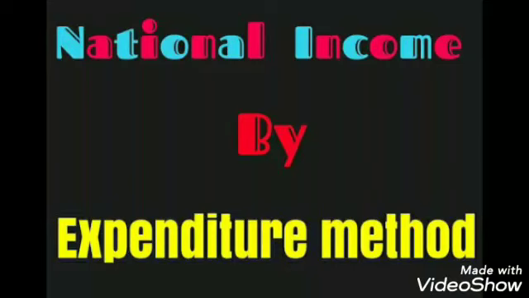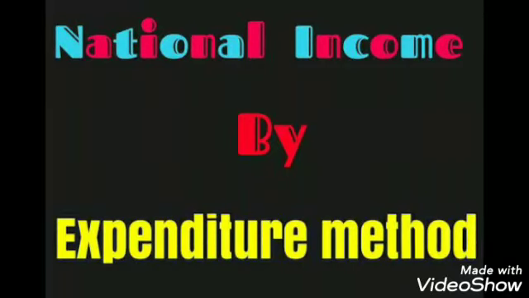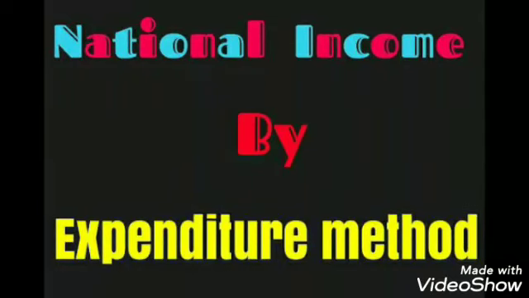Now in NDP at FC, when you add NFIA, that is net factor income from abroad, students, you reach NNP at factor cost, net national product at factor cost, which is actually national income. So this is the measurement of the expenditure method, which you have to keep in mind to do the numericals on the expenditure method.